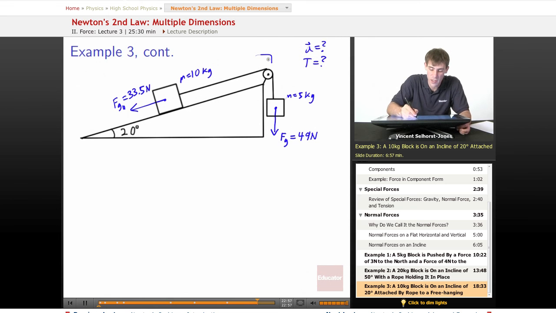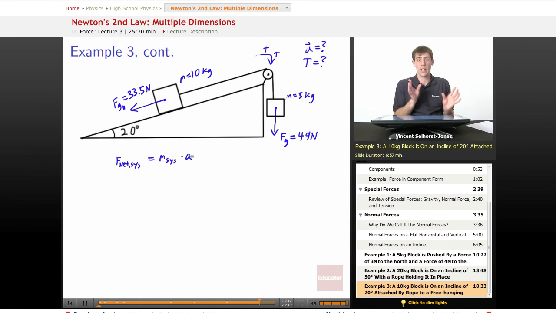So what are the forces acting on the system? If this is the positive direction, then F net for the system is equal to the mass of the system times the acceleration. And we know they're going to have the same acceleration because they're connected by that rope. If one moves, the other has to move the same amount. So we can use the same a for both of them.